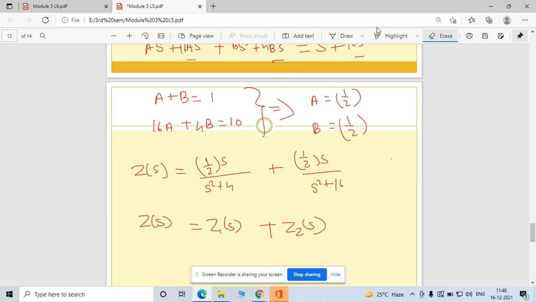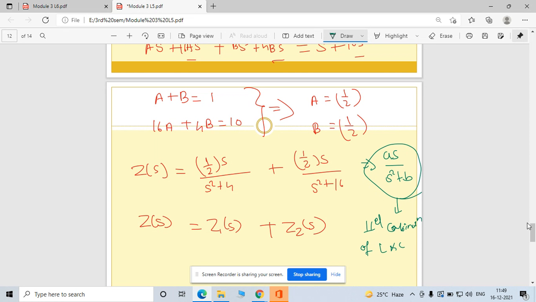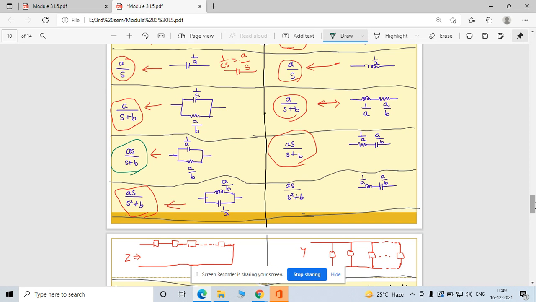This function is nothing but a parallel combination of L and C values.